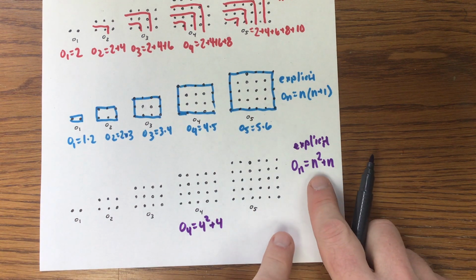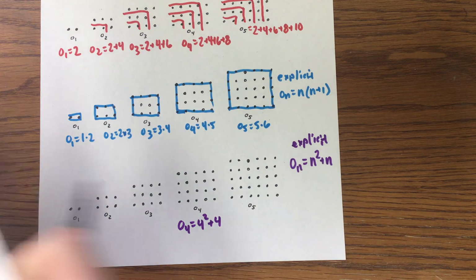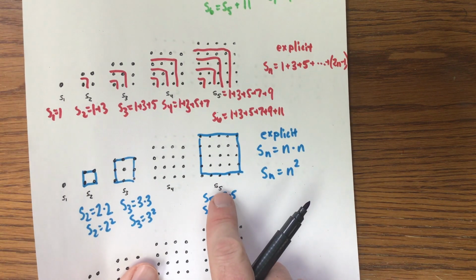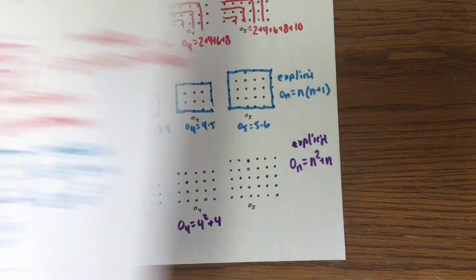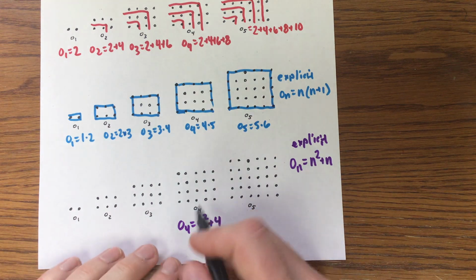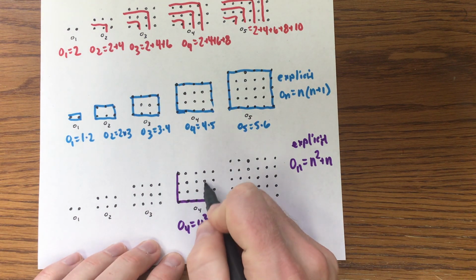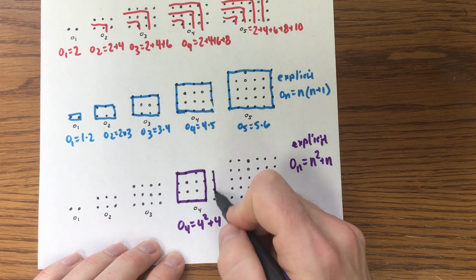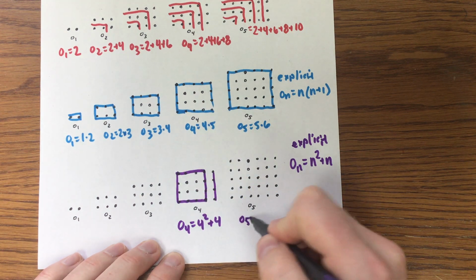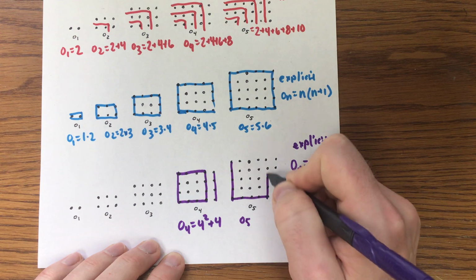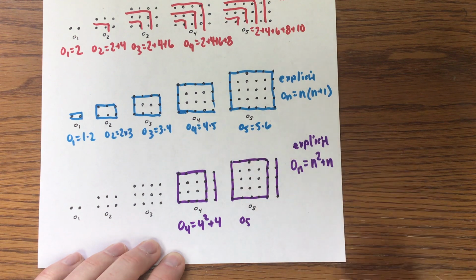Now, 4 squared makes me think of this explicit formula for the squares. Can you see this 4th square number right there, plus these 4 more? And O5 is the 5th square number plus 5 more.